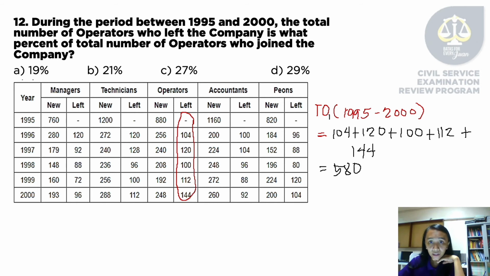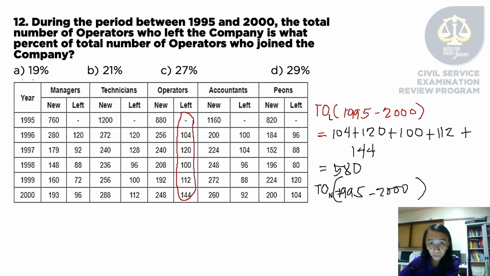Next step is we need to get the TOL, T-O sub L, for the symbol or ating representation para sa total operators po na umalis sa kumpanya from 1995 to 2000. On the other hand, we need to compute the total number of operators na bago, yung nag-join doon sa company from 1995 to 2000.